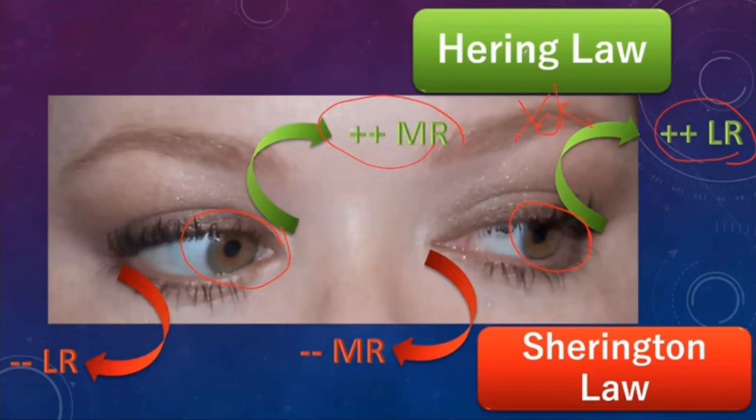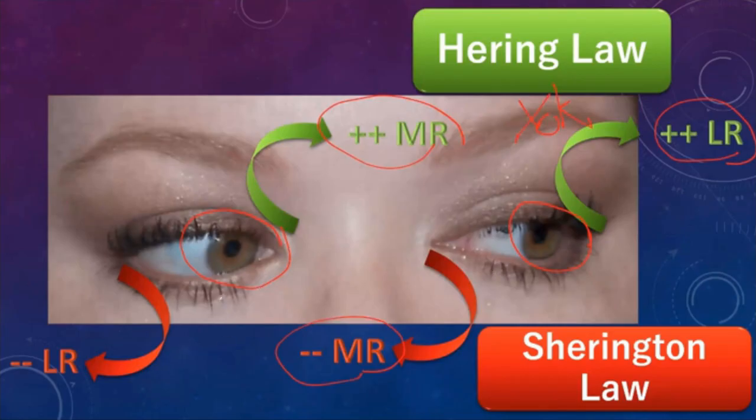So Hering law states that for yoke muscles there is equal, bilateral innervation to the synergists of both eyes, so that they can move the eyes in the same direction. On the other hand, for the left eye, in order for the lateral rectus to contract, the medial rectus should be inhibited.